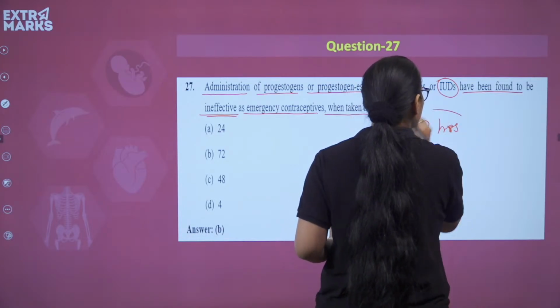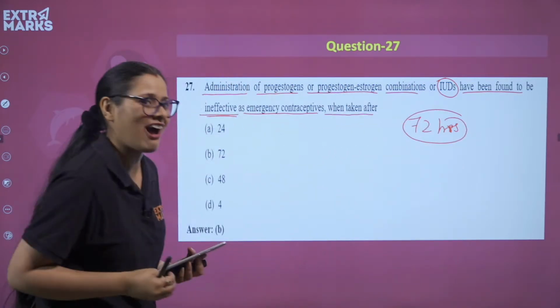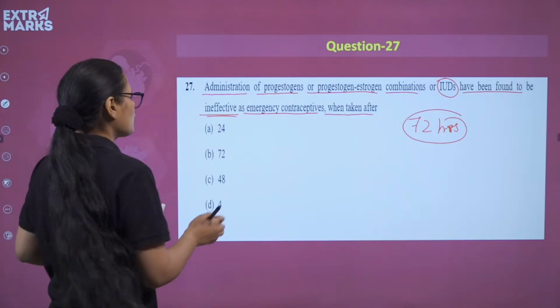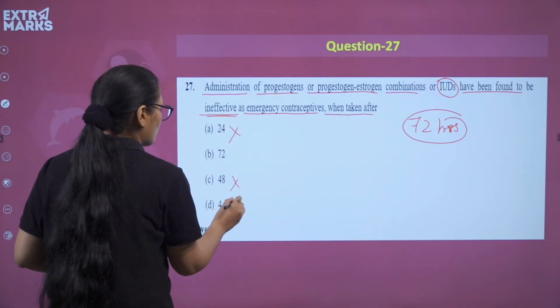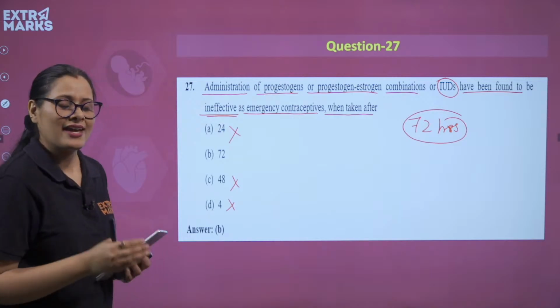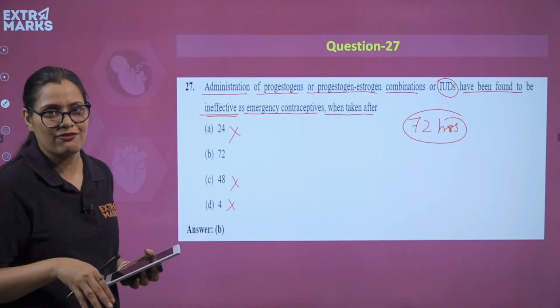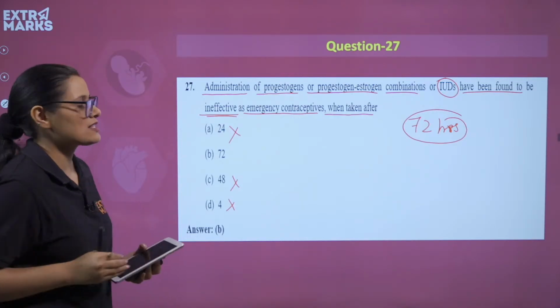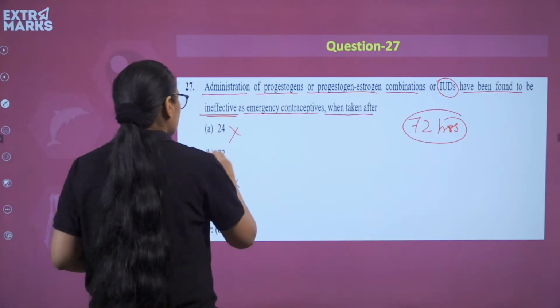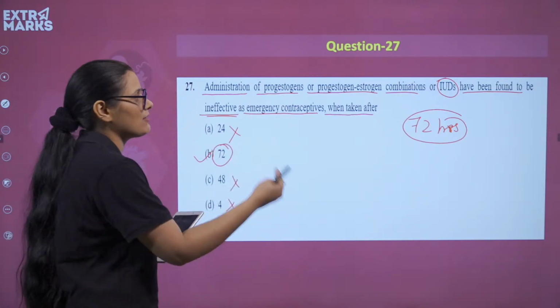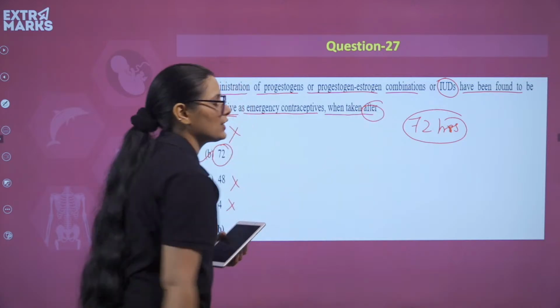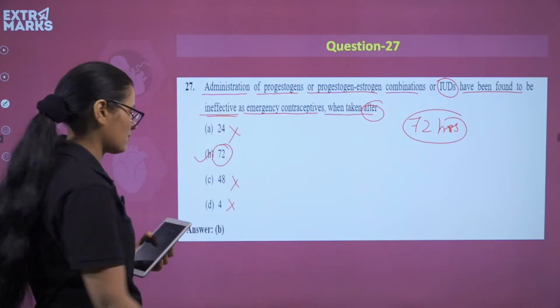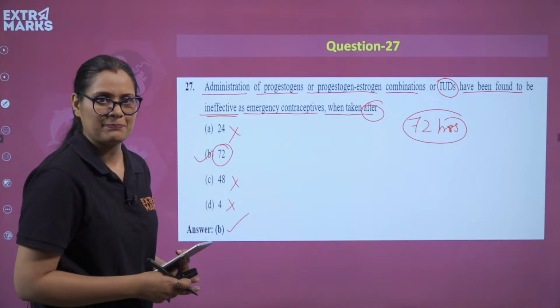So they would be ineffective if they are taken after 72 hours. So the options 24, 48 and 4 are incorrect because at this time duration it is safe to take this and they will act as emergency contraceptives, but when taken after 72 hours, they are ineffective. So the answer is option B.